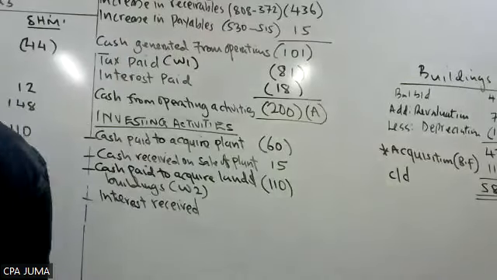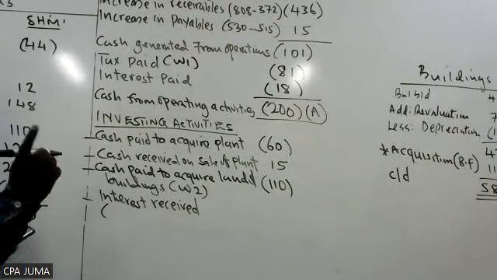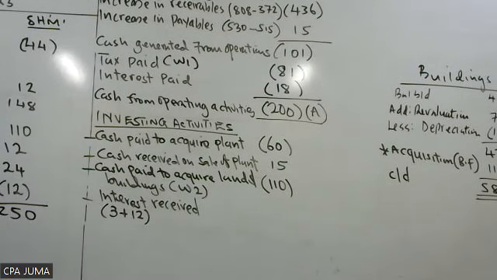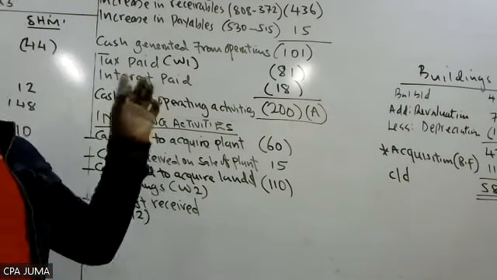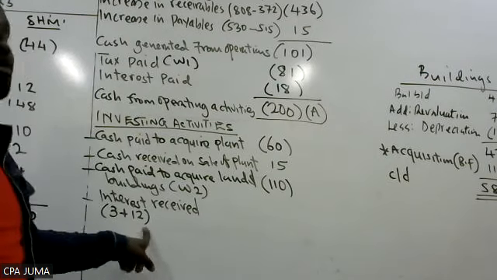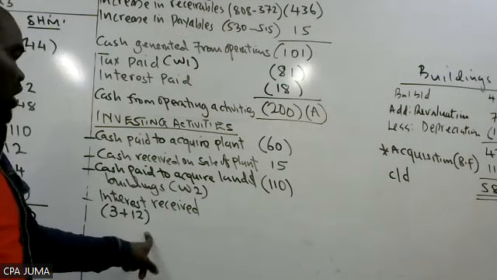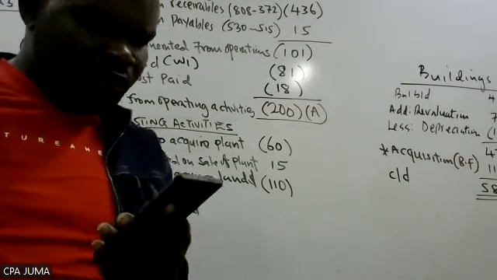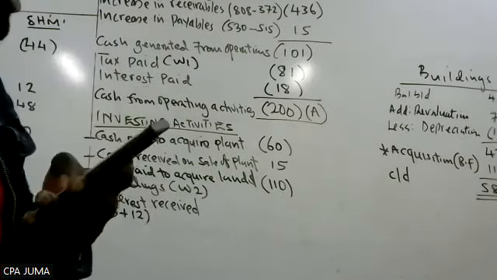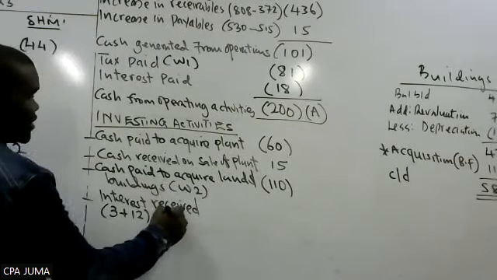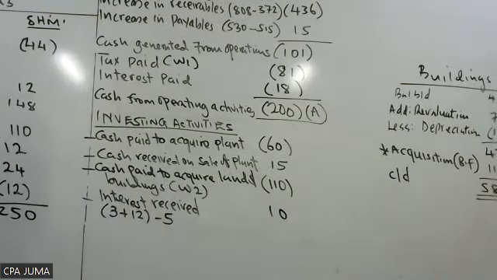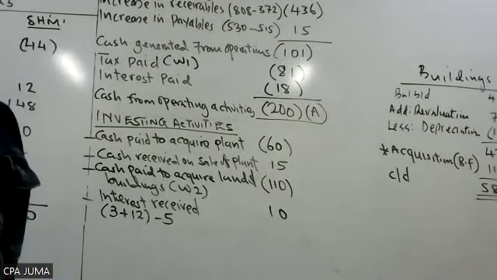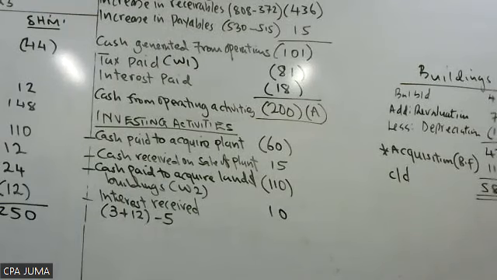So at the beginning, we were supposed to receive interest of 3. During the year, we were entitled to 12. So if we have not received, the total receivable should be 15, which is 3 plus 12. Then at the end of the year, we are told interest receivable is 5. So it means we received 10, because the interest receivable went down.